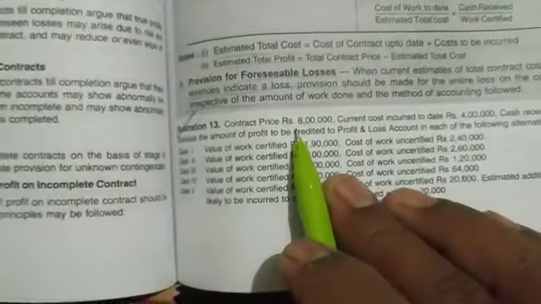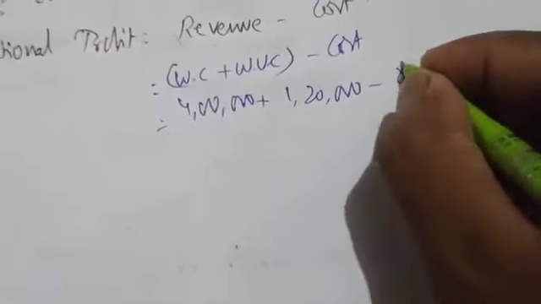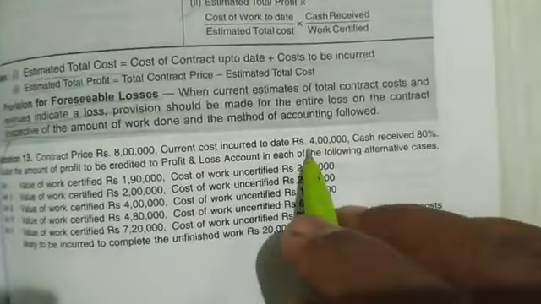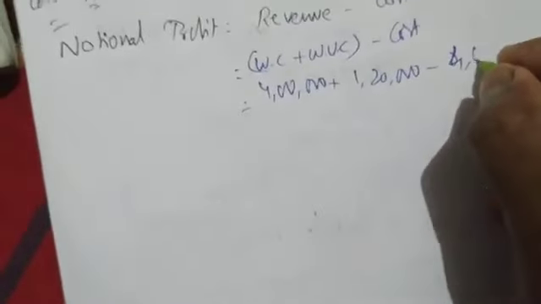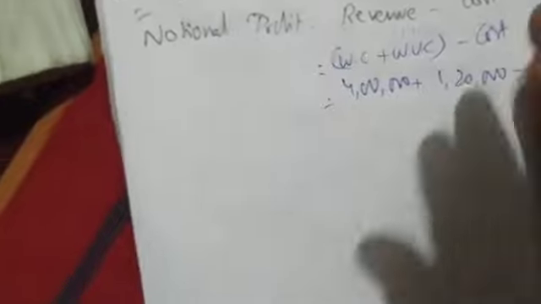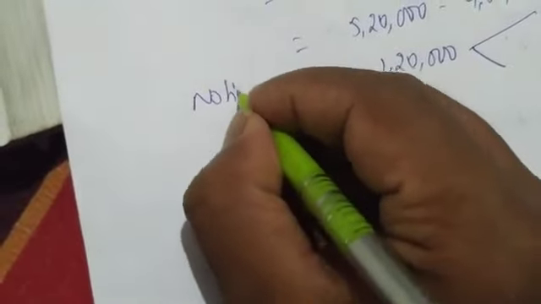Cost will be the same for all the examples. Cost is 4 lakhs. So 4 lakhs plus 1,20,000 is 5,20,000. From 5,20,000 you take 4 lakhs. How much is your profit? 1,20,000. This is notional profit.